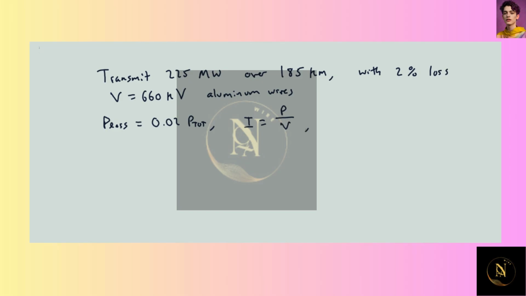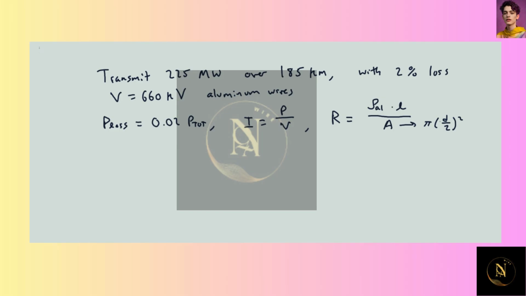The last thing we need to know before we start is that the resistance of our line will go like the resistivity of aluminum times the length of the wire, which is going to be 185 kilometers, over the area, where the area, of course, is just going to be pi r squared, or (d over 2) squared.